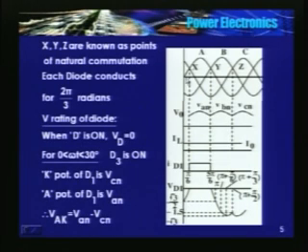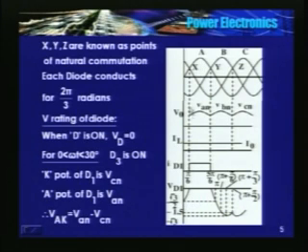Now what happens is, beyond the zero crossing, potential of phase A, that is VAN, is increasing, whereas VCN is decreasing. And at X both are same. Instantaneous value of VAN is same as instantaneous value of C phase. So VAK is 0.